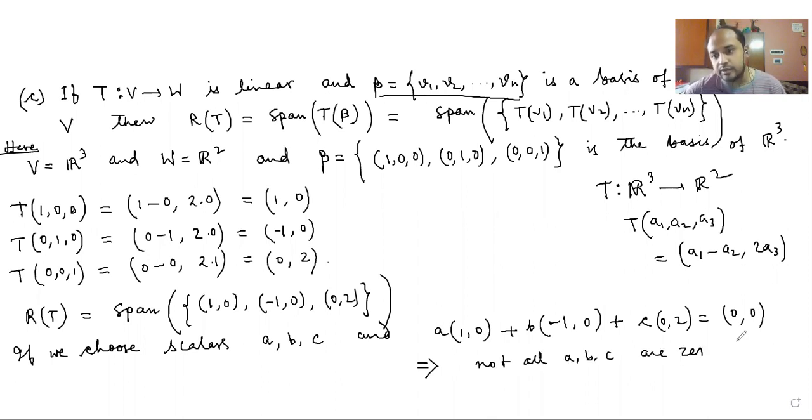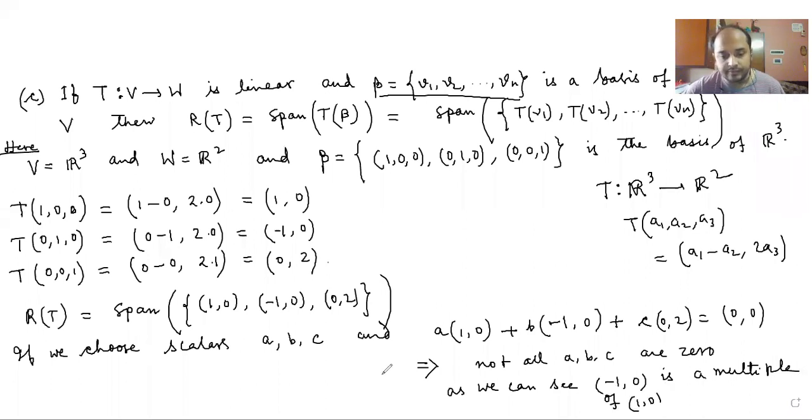Why is it so? I'm not showing the calculation because it is not important. As we can see, (−1,0) is a multiple of (1,0), because you can write (−1,0) as −1 times (1,0). So these two are linearly dependent.